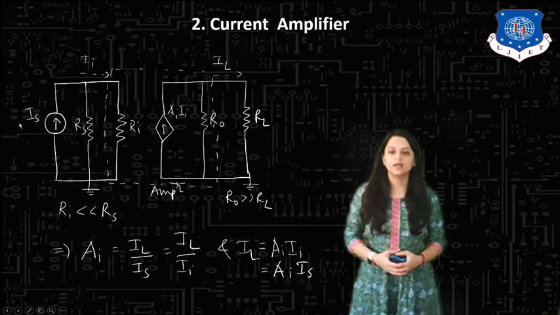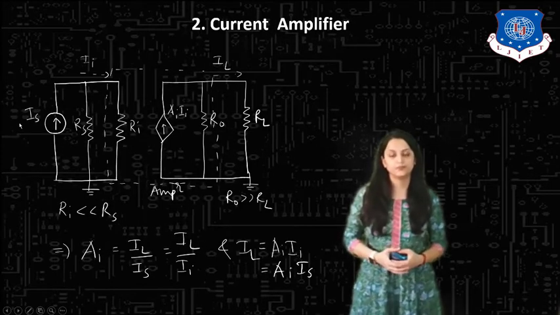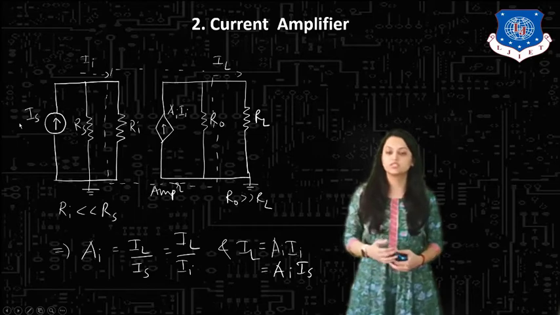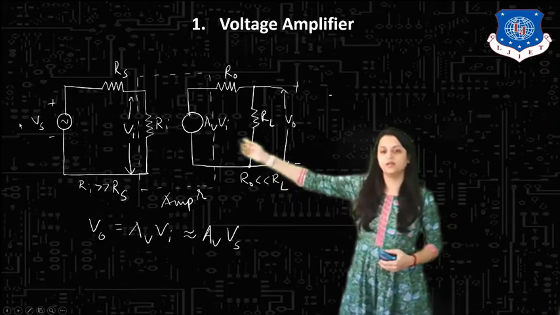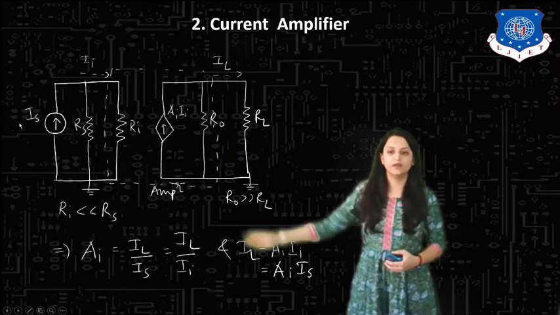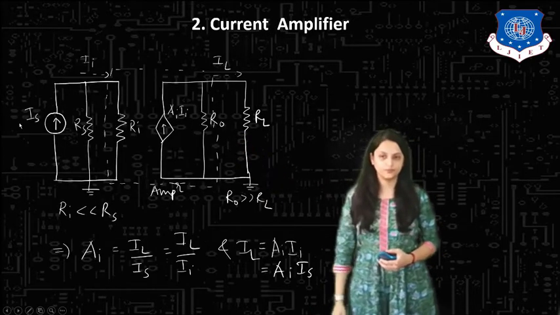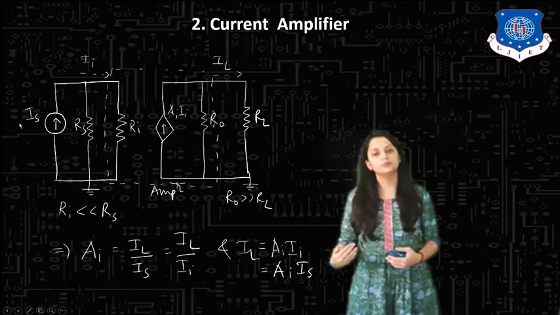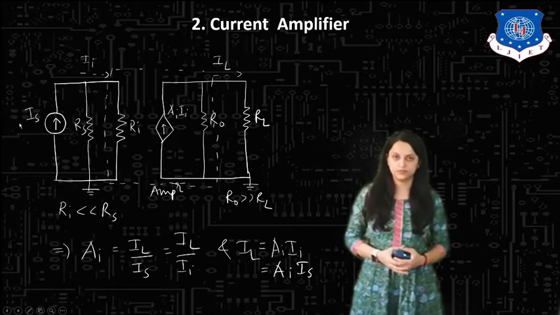Now let us see the next, that is current amplifier. So as you have observed in the first one, that is in this case voltage amplifier, here voltage dependent source is there. Now in the current amplifier, here current dependent source will be used, and also at the input side, input current is given.